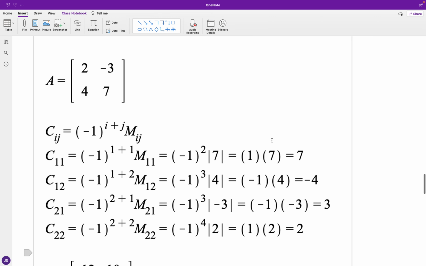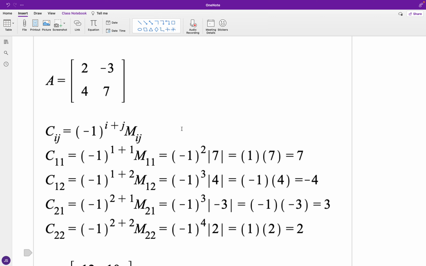Okay, so in looking at the determination of cofactors and minors, and going back to our first matrix, which we had to be a 2x2, we have the matrix A, which we looked at in the first example, consisting of the top row with 2, negative 3, bottom row with 4 and 7. And for the value of the cofactor of the ith row in the jth column, you're looking at negative 1 to the i plus j power times the minor of the ith row, jth column.